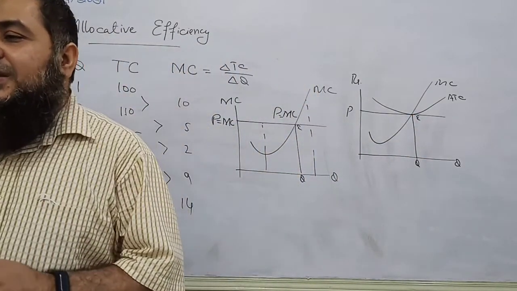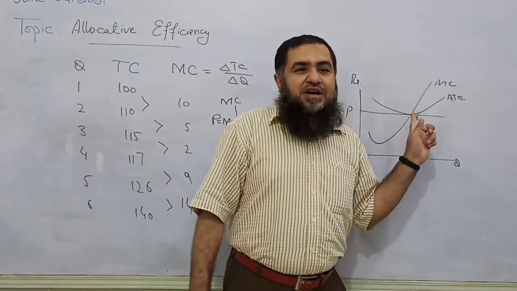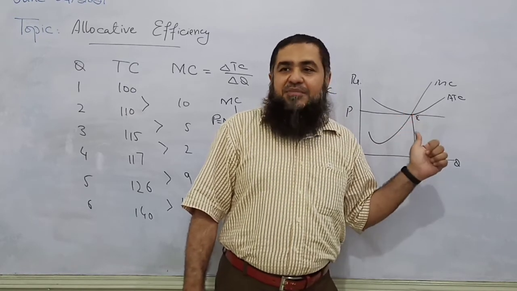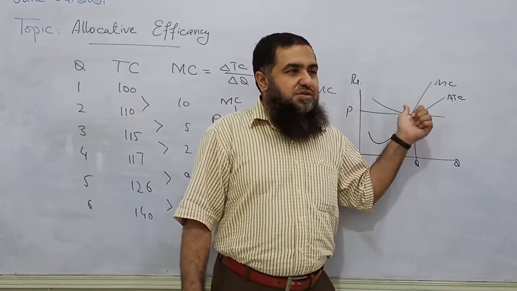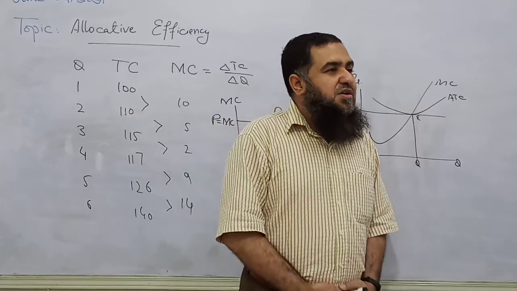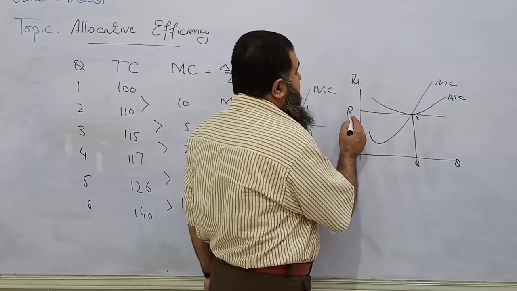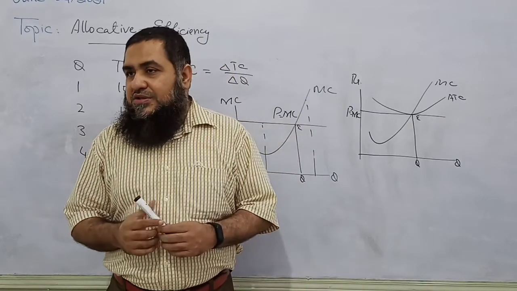Can we see in this diagram, the firm is producing at the minimum point of its average cost? The minimum point of the available average total cost is this one. So it is achieving what? Productive efficiency. And the price charged by the firm is also equal to the marginal cost of production.